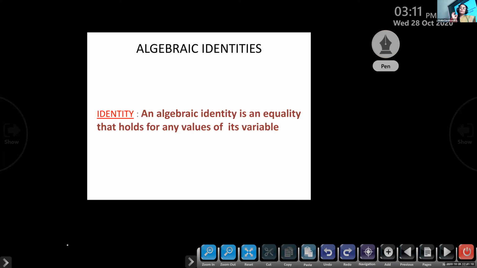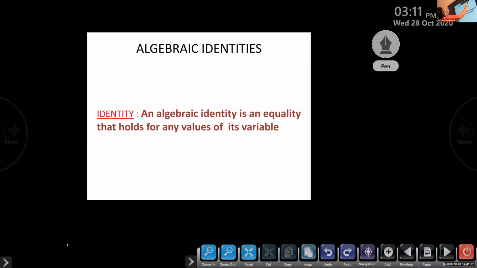Algebraic identities are equations which contain variables and constants, and whatever values we give to these variables, that equation remains the same. The equation is satisfied when we give any value for the variables. Such equations are known as identities.